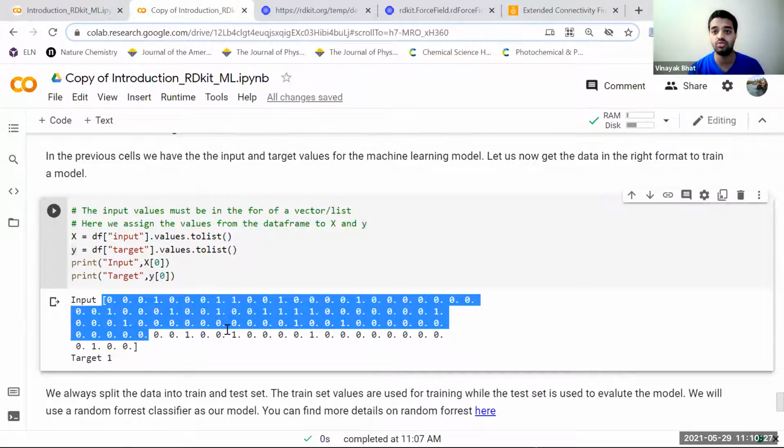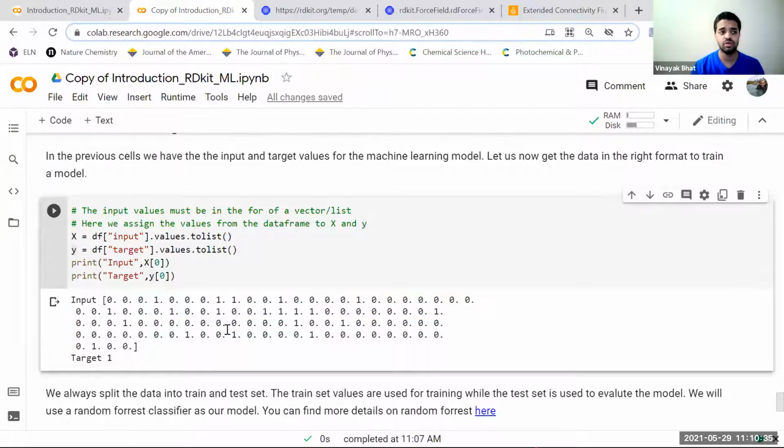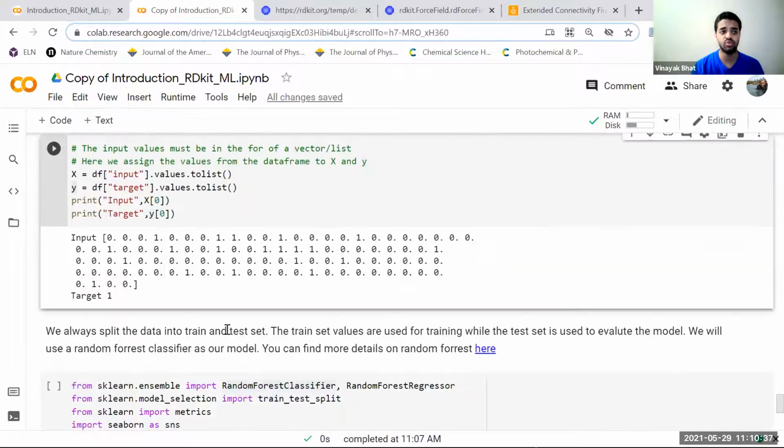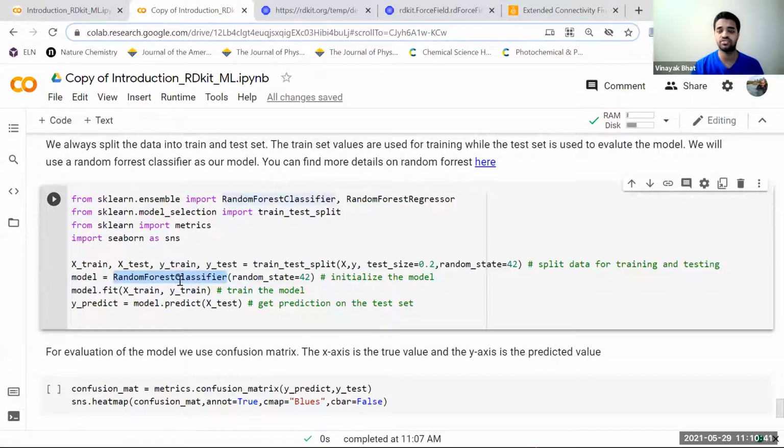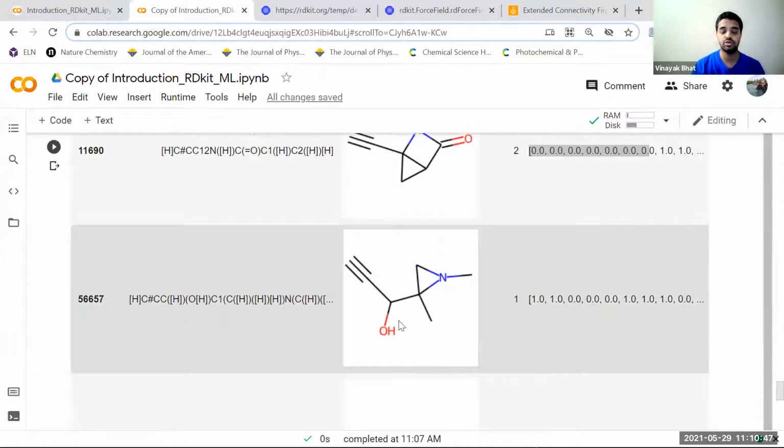So there are two models we have so far? We have only one model that we are trying to train here, which is the random forest classifier. For that, we need some input representation for this molecule, which is this vector that we have.